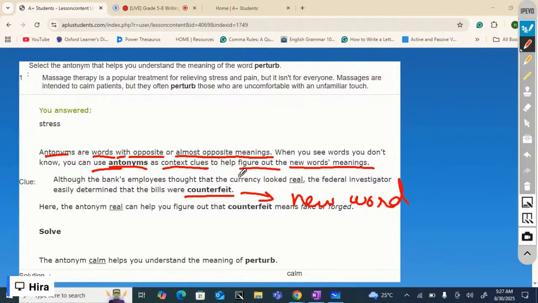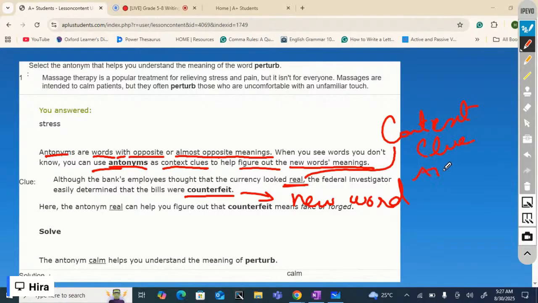Sometimes a context clue can be a synonym, and sometimes it can be an antonym. The word real is the context clue for us.